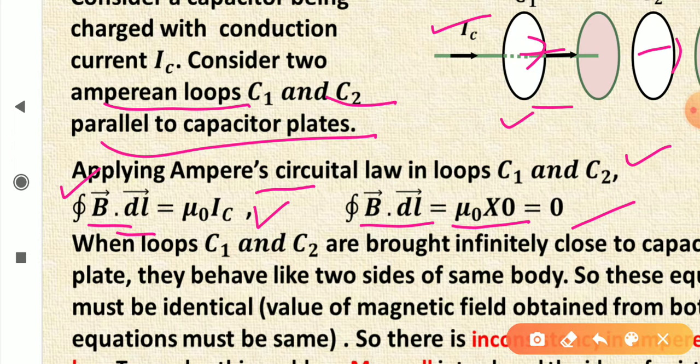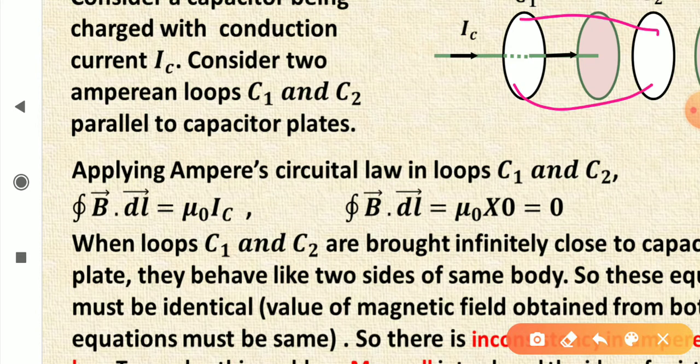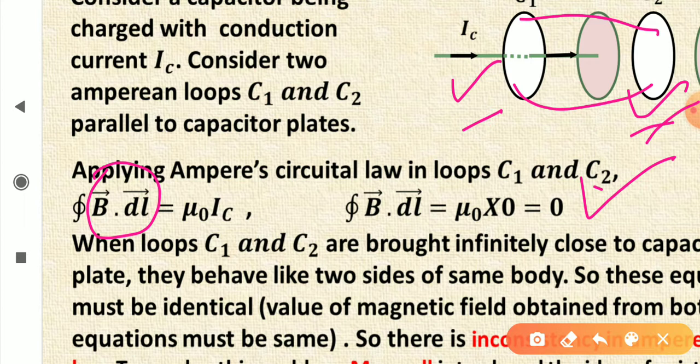So if we bring them very close to this plate, they can behave like two sides of the same surface. That means the magnetic field obtained by this equation due to C1 and the magnetic field obtained by the second equation, which is due to loop C2, both the magnetic fields should be same. But that is not happening.